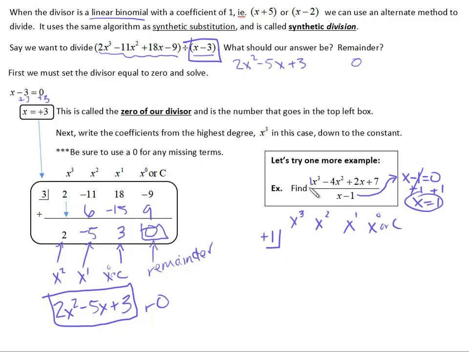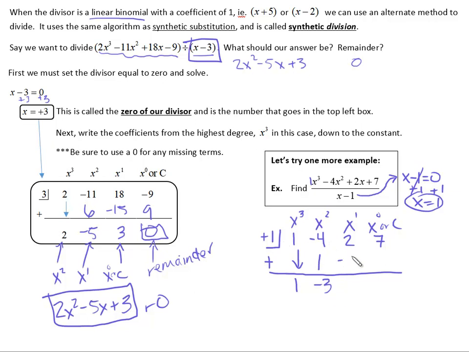And we'll write in our coefficients. We've got a 1, x cubed, negative 4, x squared, positive 2x, and positive 7. We'll leave one line of space and put our plus sign, and then drop down our first coefficient. Okay, 1 times 1 is 1. And then when we add, we get negative 3.